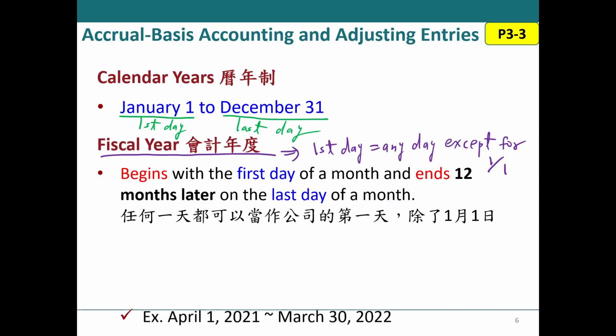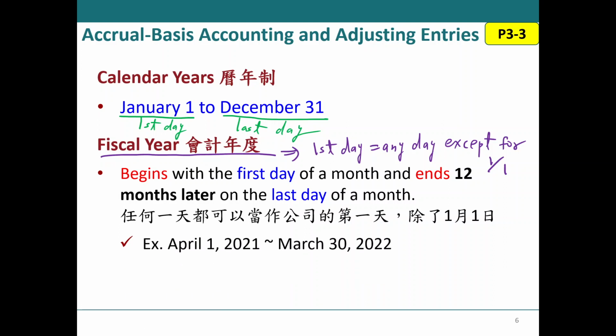Okay? So for example, your company's first day is April 1st, 2021. So which day is your company's last day? March 30 next year, right? If your company chooses April 1st to be your first day, which day will be the last day? March 30 next year.